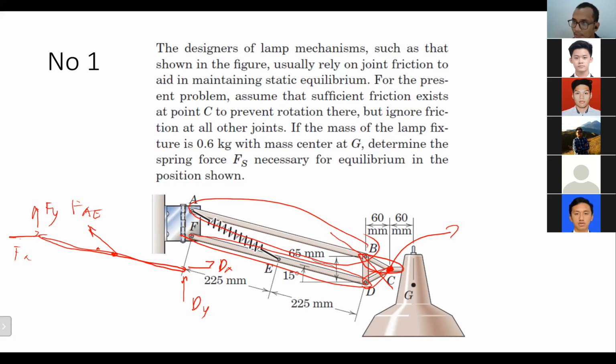So just try to solve the free body diagram of the multi-force member. This one, right? One of the easiest ways to solve it is what I told you guys. The first one is to solve for this particular free body diagram, so B, D, C, and G there. It will be like this.